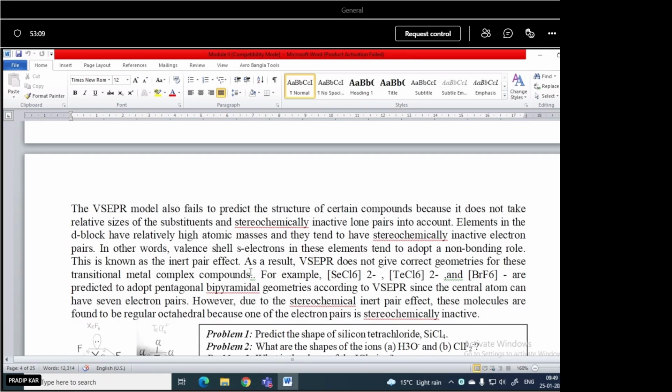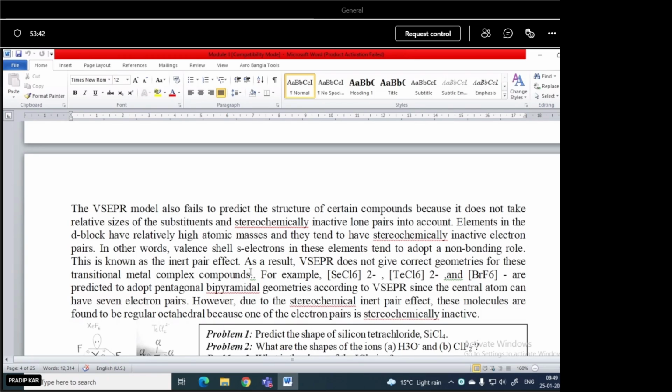Say in case of fluorine, bromine and iodine, fluorine is having smaller size and iodine is having bigger size. So iodine may have higher interaction or higher repulsion, but it depends also on the bond distance. Like the C-F bond distance is smaller than the C-I bond distance. So as bond distance is increasing, repulsion is decreasing.